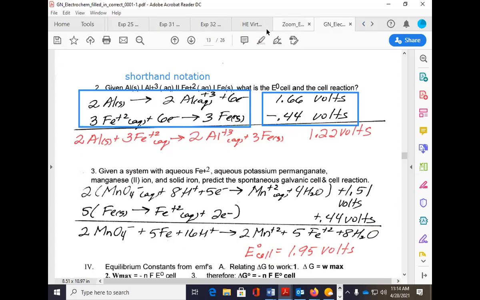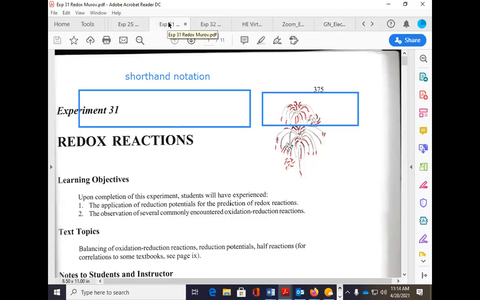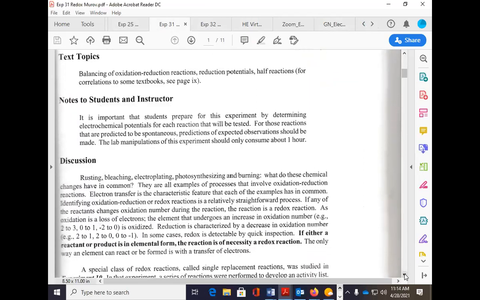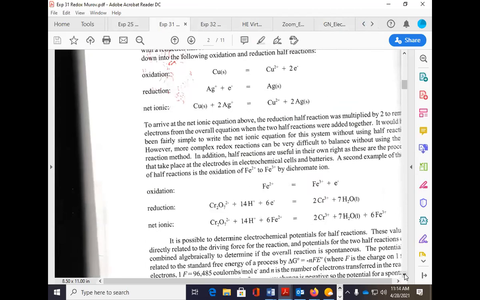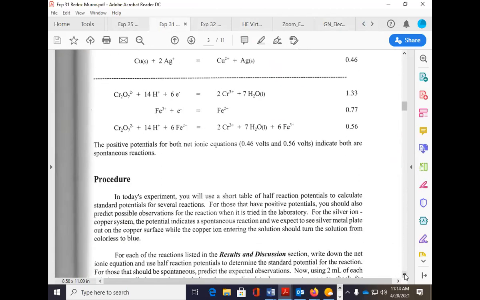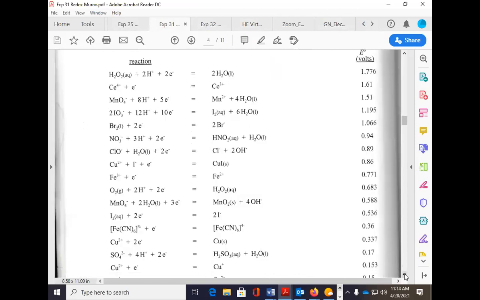Oh, it's in here. Let me show you, that will be easier. We need to go to the table. It is in your lab manual, and it's also in your textbook. Ah, here we go.